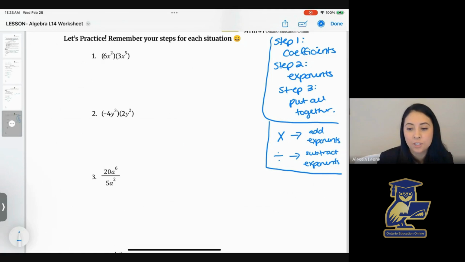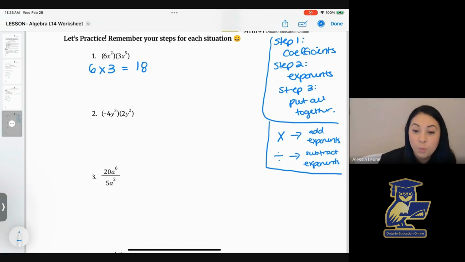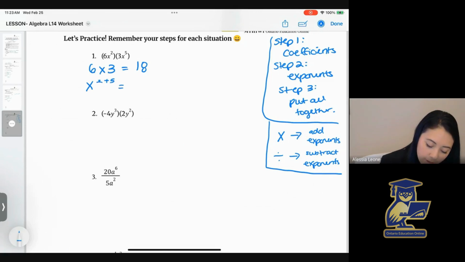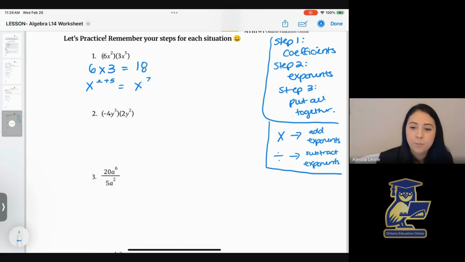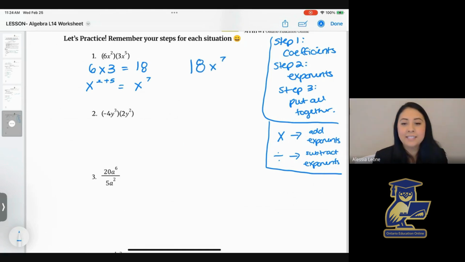We know we have to add our exponents. Step 1, work with the coefficients. 6 times 3 is 18. Step 2, work with our exponents. We have to add 2. 5 plus 2 is 7. Step 3, put it all together. 18x to the power of 7 is our answer.